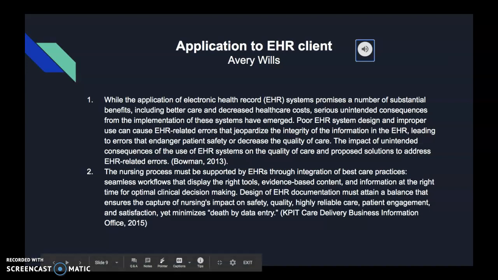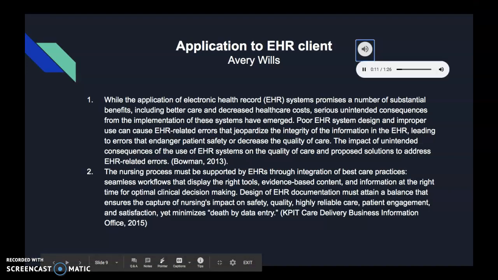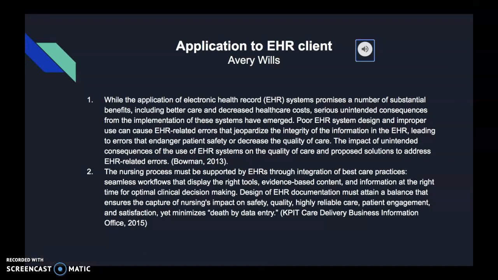This is Avery Wills, and I'm going to be reading the slide application to EHR client. For number one, I found that while the application of electronic health record systems promises a number of substantial benefits, including better care and decreased healthcare costs, serious unintended consequences from the implementation of these systems have emerged.